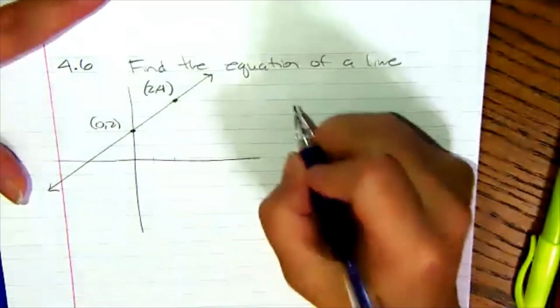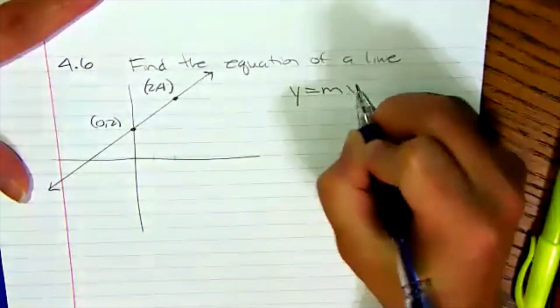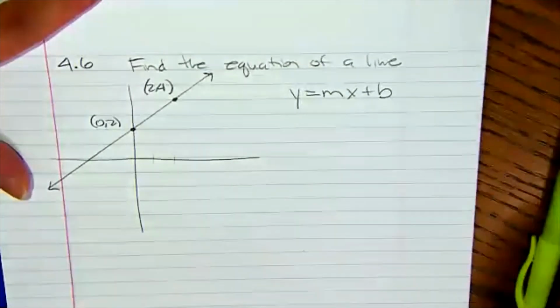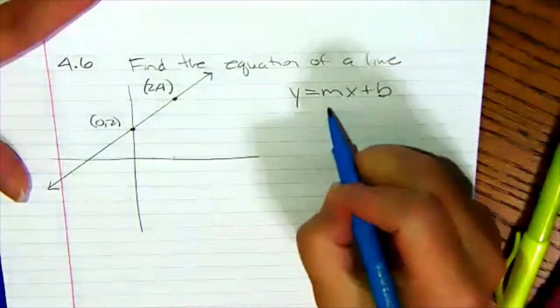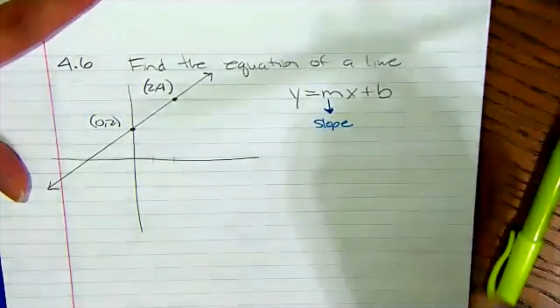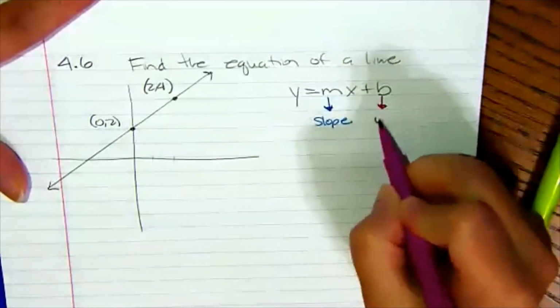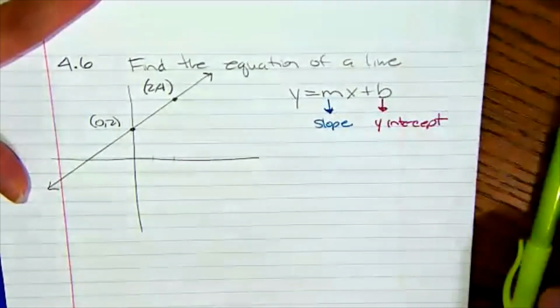Well, we know that slope-intercept form is y equals mx plus b. We know that m is our slope and b is our y-intercept. These are the things we know.